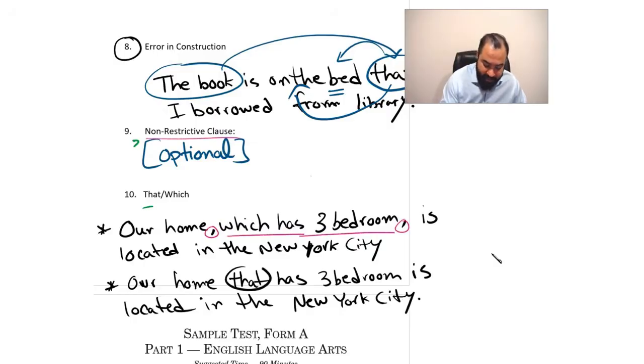When you use the word that, it became important. Now it sounds like there are a bunch of homes. Probably this person owns a bunch of homes. So the one that has 3 bedrooms is in New York City.